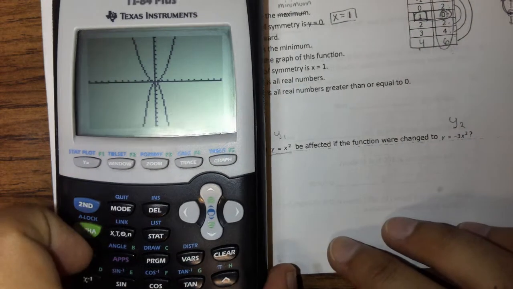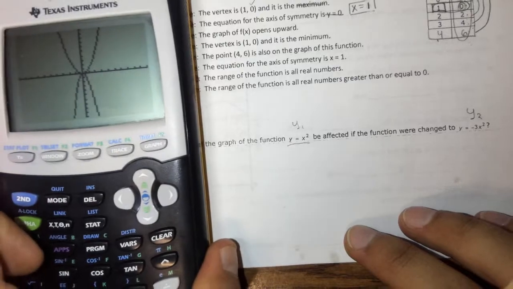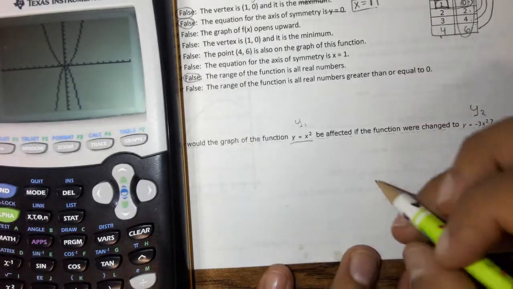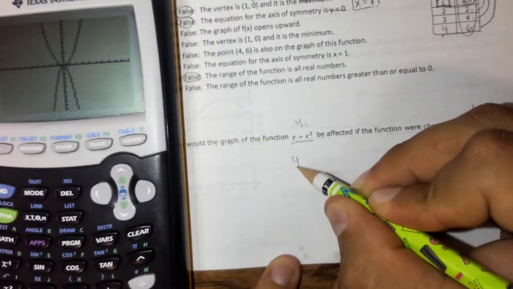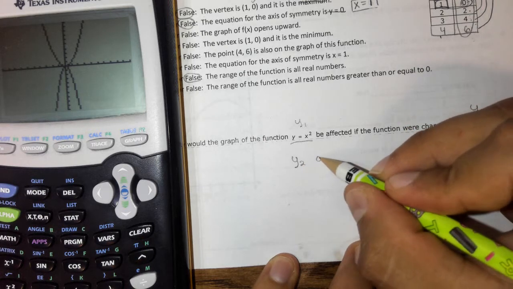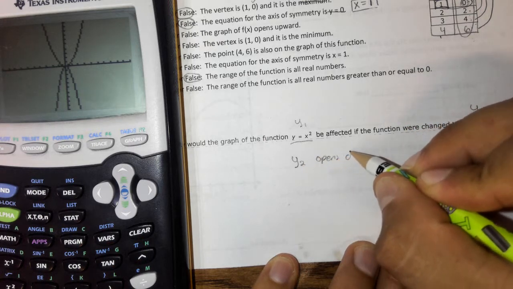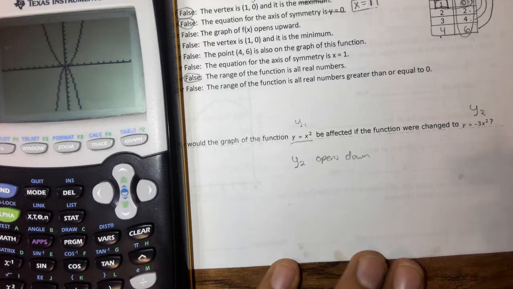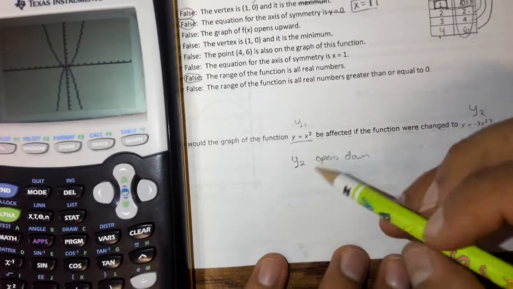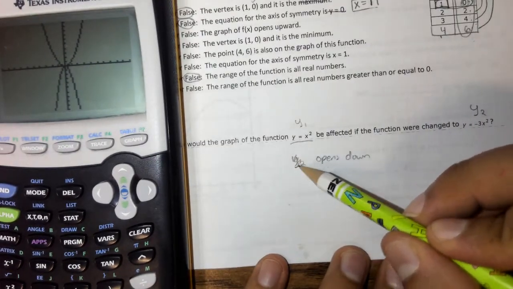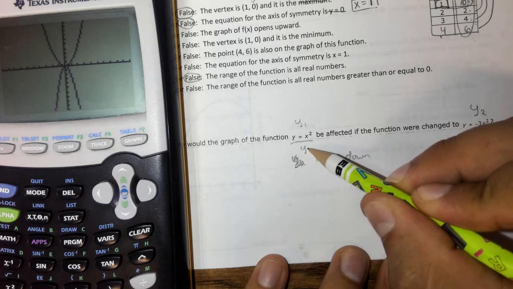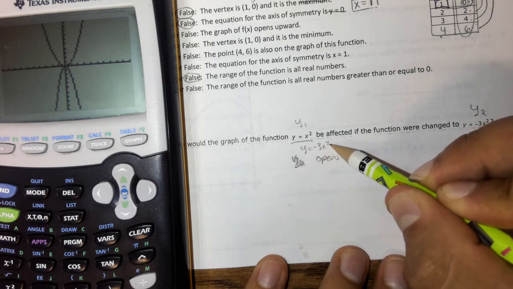So immediately I can see that they're not opening up the same way. So we can go ahead and say that y2 opens down. So that's one of the things that changed, or I guess it technically isn't y2. It technically is y equals negative 3x squared.